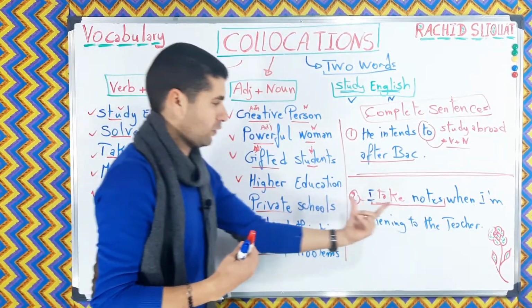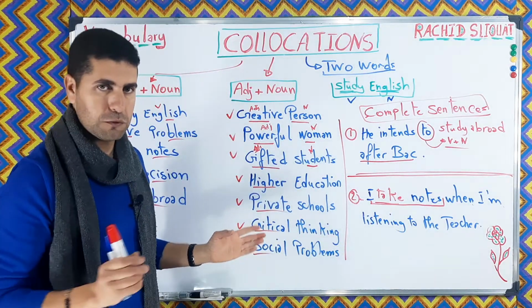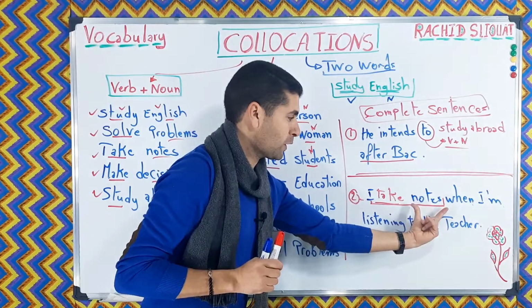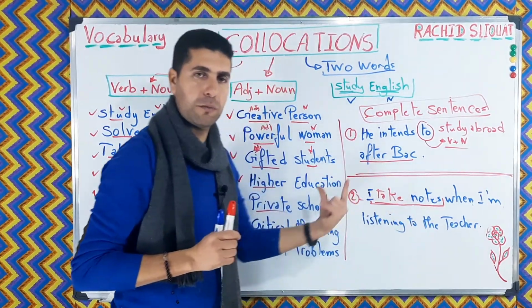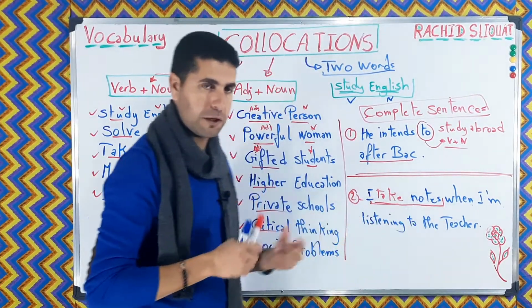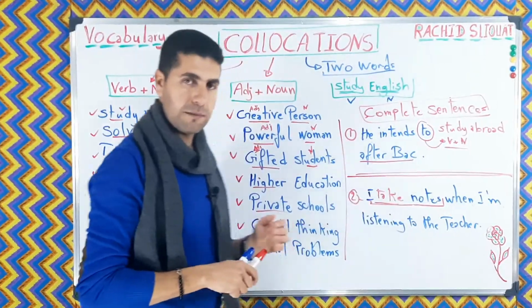If you know "take notes", it becomes easier for you to complete the sentence, because here you are given part of the collocation. So collocations are important to complete the sentences.